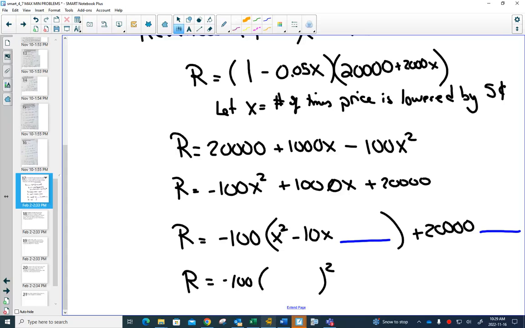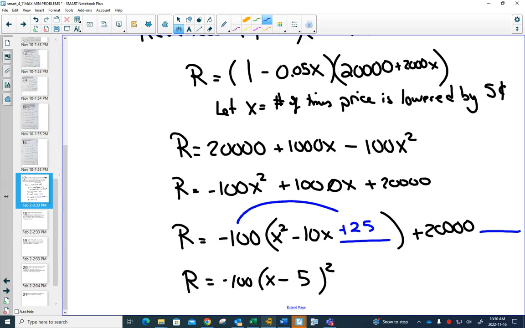And now we're doing it a lot to get the vertex form in chapter 4. The hint is the x squared minus 10x. So the minus 10 tells us this has to be a minus 5. If you multiply that out, you would get a plus 25 in here, but we don't have a plus 25. So we have to compensate and subtract on this side.